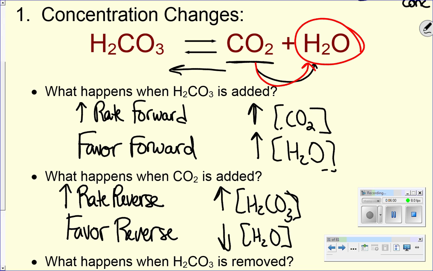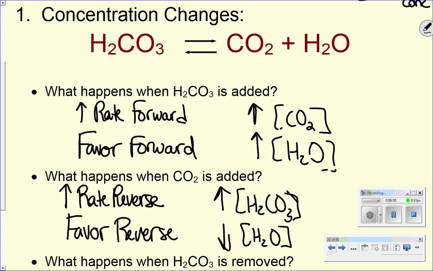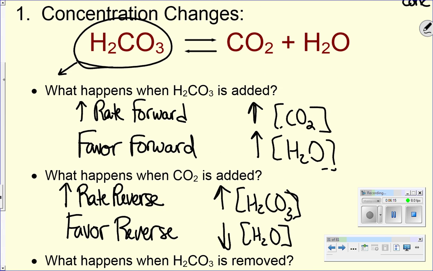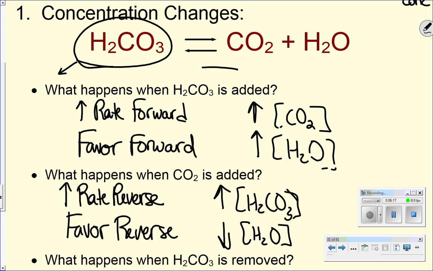Now, on the other hand, I can also remove things from my reaction vessel. So imagine, if you would, that I remove H2CO3. If I continue to remove this from the reaction vessel, it's not present to decompose into CO2 and H2O. So what's going to happen is these two will keep reacting. However, we have a drastic decrease in the rate of the forward reaction.